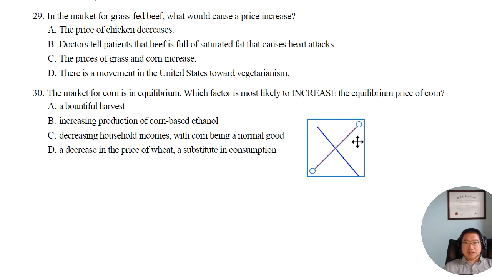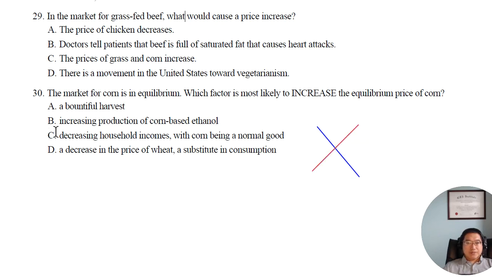Or supply goes down. Lower supply. Supply shift to the left. Okay, I can move it to the left. Price increase. So a bountiful harvest, that means supply increase, equilibrium price won't increase. Okay, equilibrium price will do what?